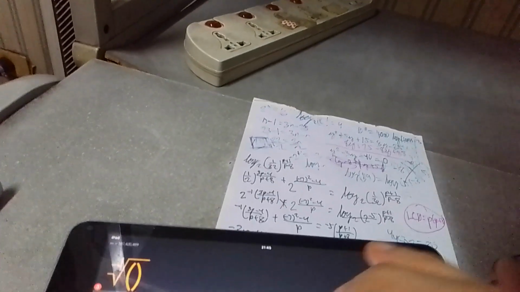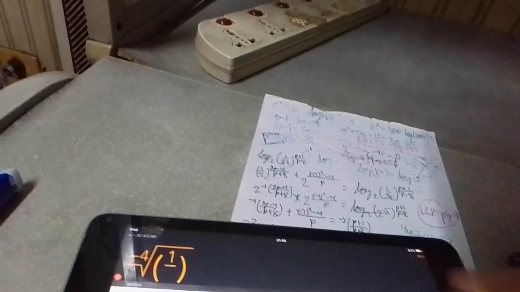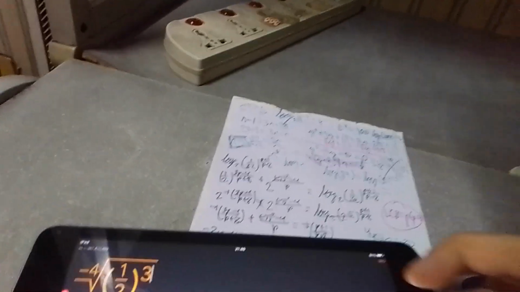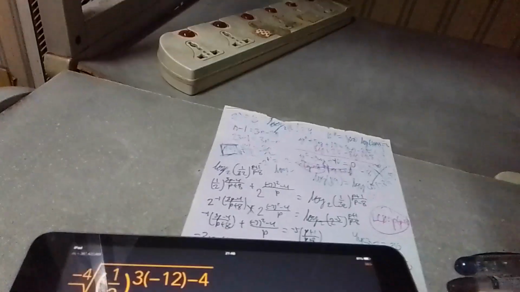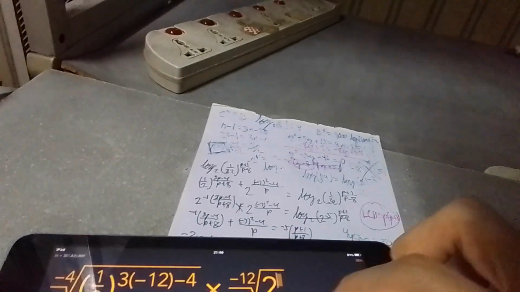It's equivalent to 1/2 raised to the 3 times negative 12 minus 4 power, times, again we put this radical, negative 12 here, we're taking the negative 12 root of 2 raised to the minus 4 power.